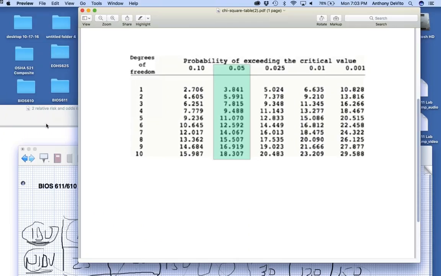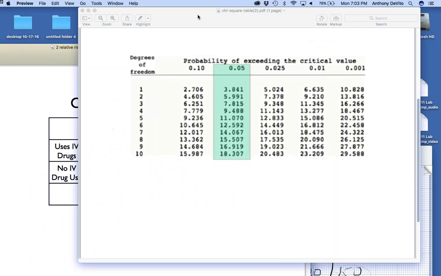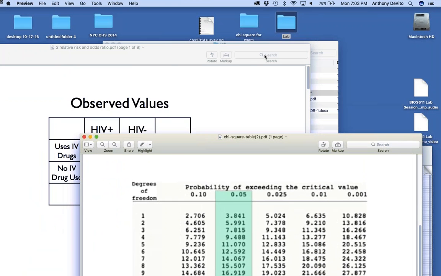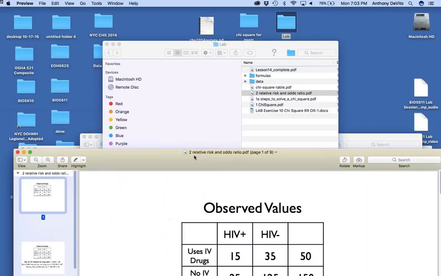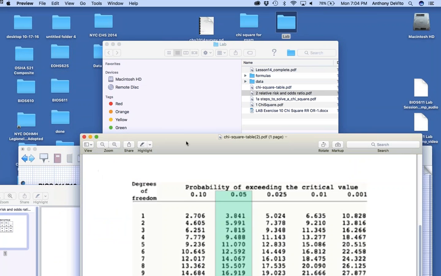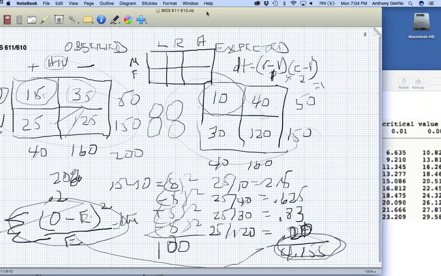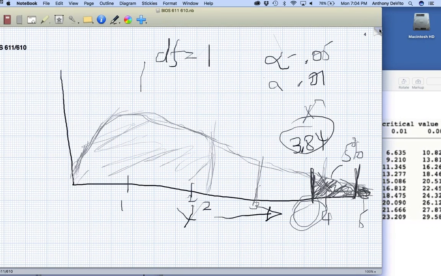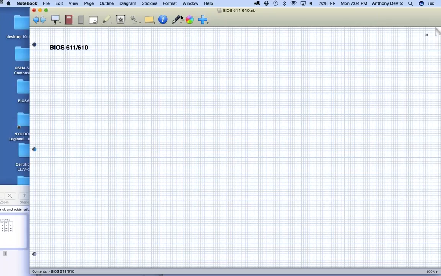Now, let's talk about one of the issues here. When we calculated our observed values for this table, I used really nice round numbers. In real life, we're likely to come up with a situation where, okay, click on that.